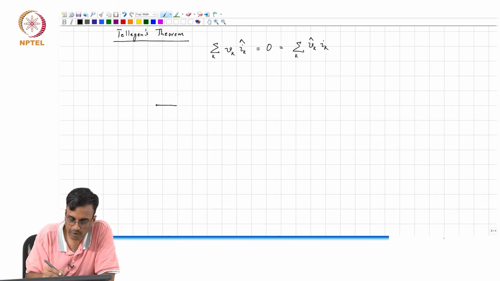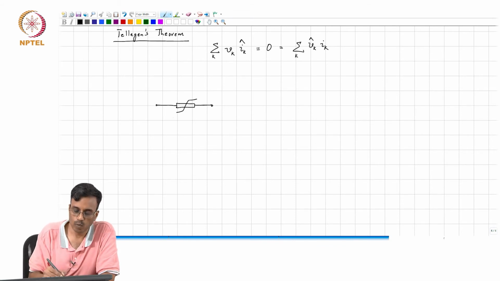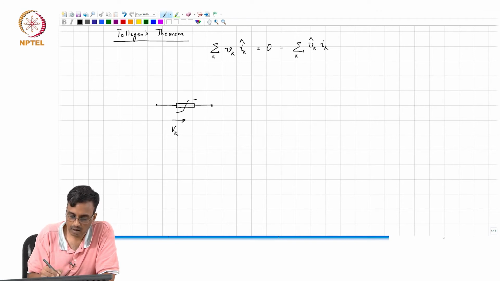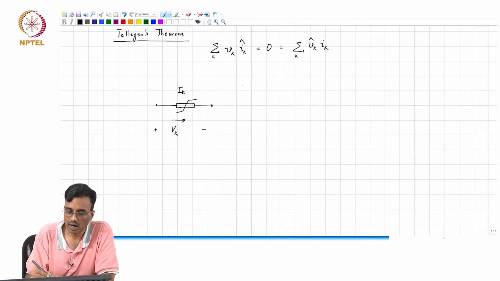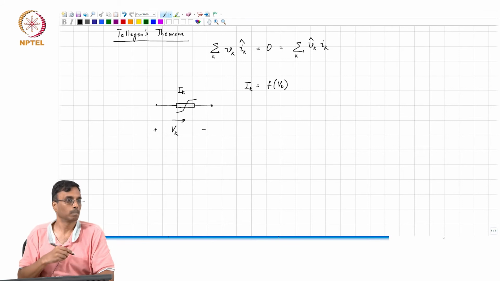The original network, for instance, let us say you had some nonlinear element where the branch current and the branch voltage are related in some really nonlinear fashion. Okay?